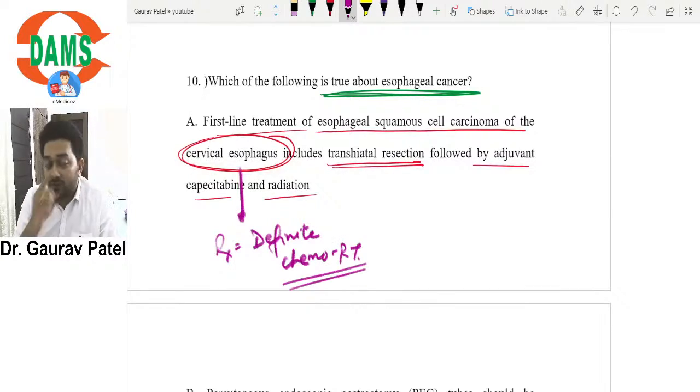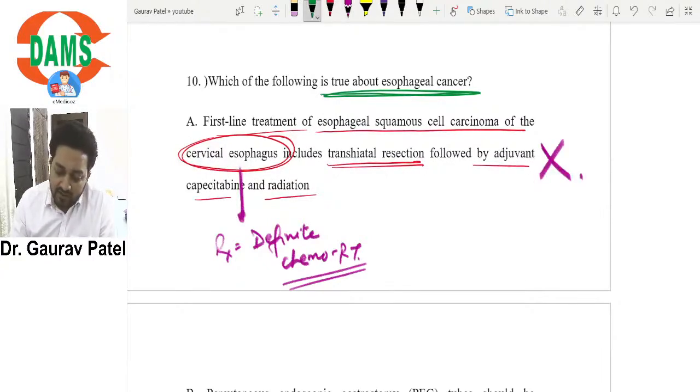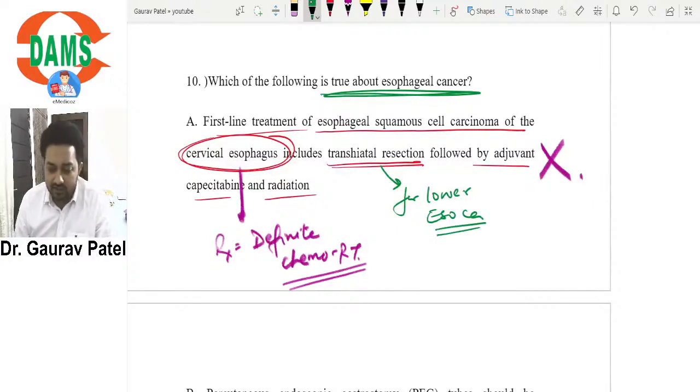Surgery is most of the time not done because it would be too extensive, a pharyngo-laryngo-esophagectomy. And anyway, transhiatal resection is done for lower esophageal cancer. This is cervical esophagus, so this statement is wrong.